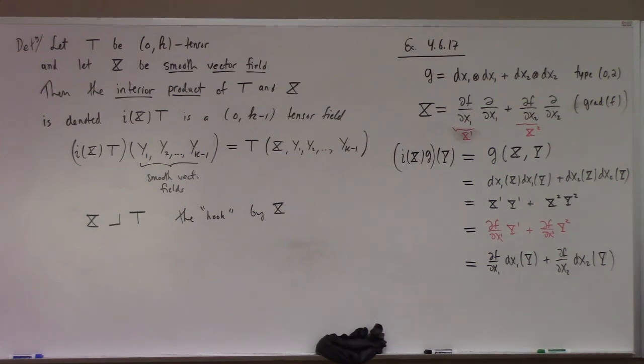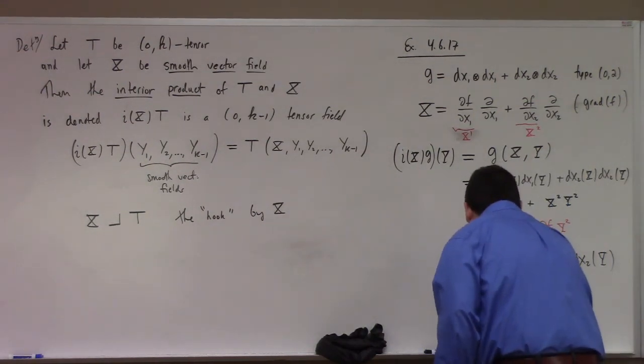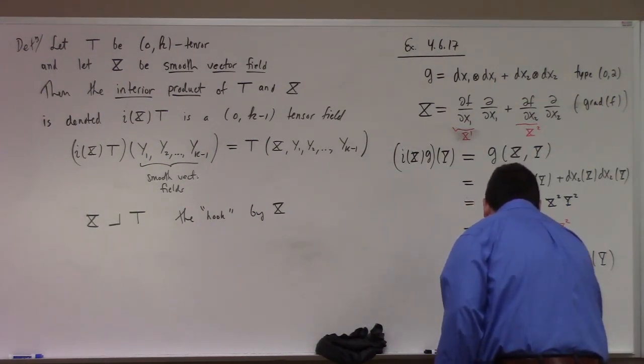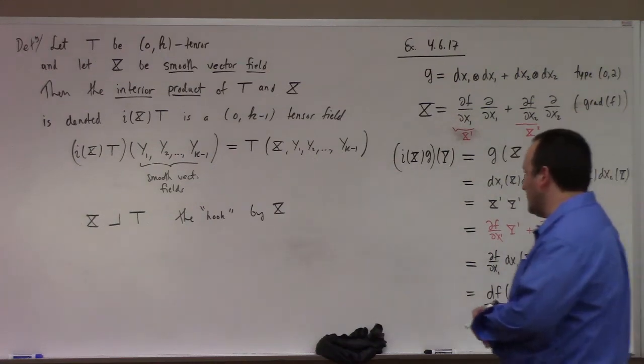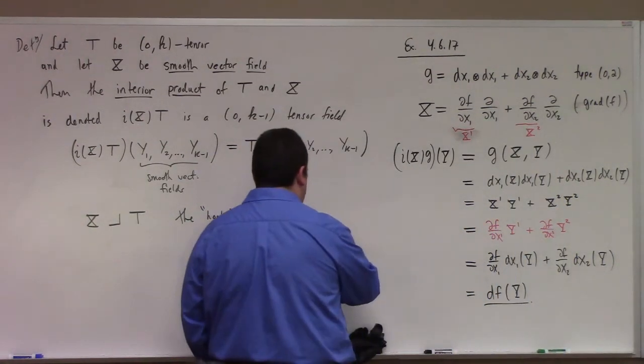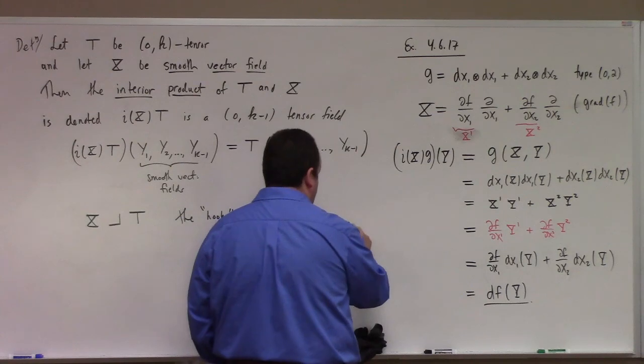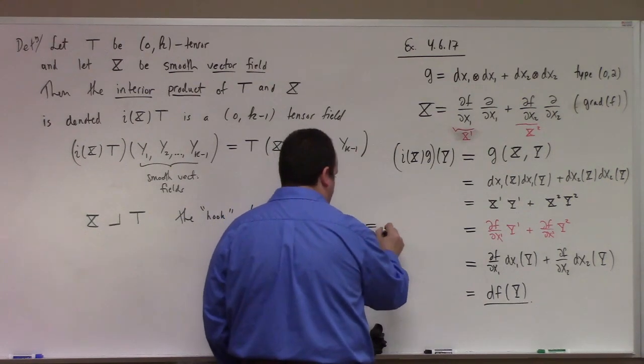And so this is nothing more than df acting on Y. So let me go a step further. The book doesn't even mention this here, but you notice from this, because Y is arbitrary, we actually have this.